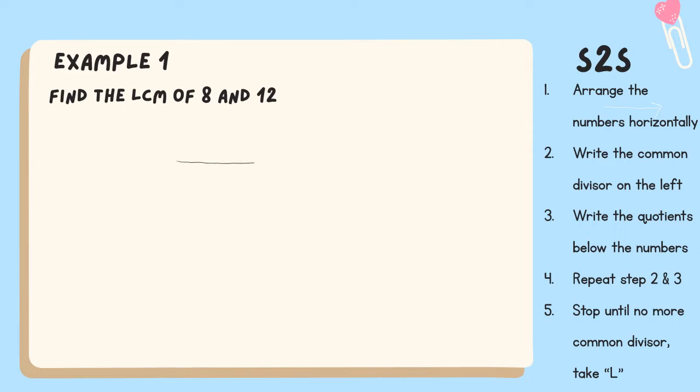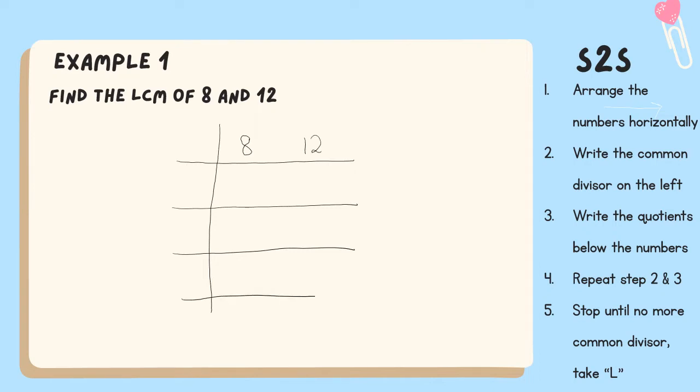So I'm just going to prepare what I like to call stairs. So step 1, arrange the numbers horizontally. I'm going to put 8 and I'm going to put 12 on the side. So that is step 1. Done. Step 2, write the common divisor on the left.